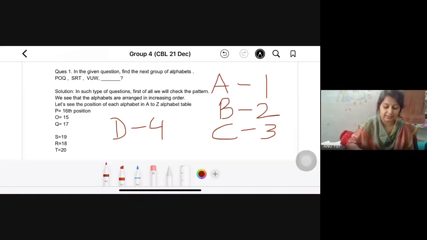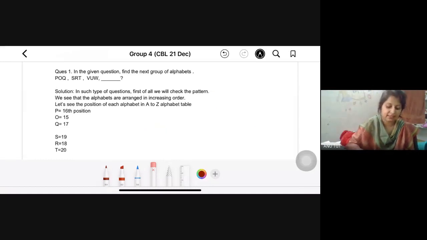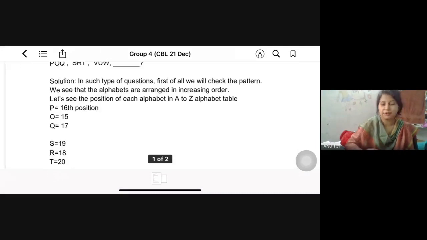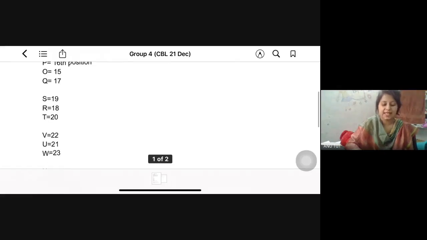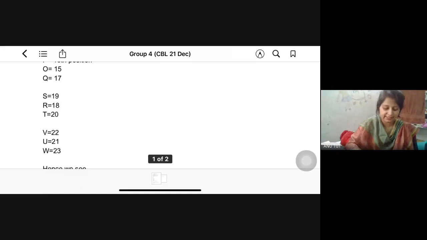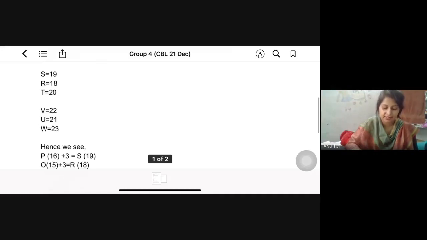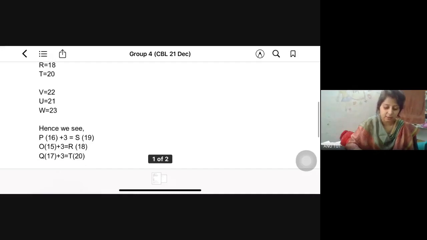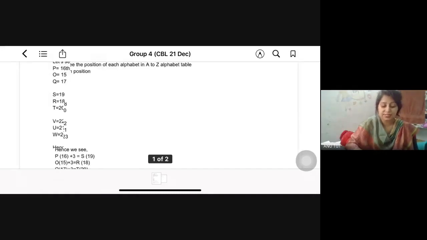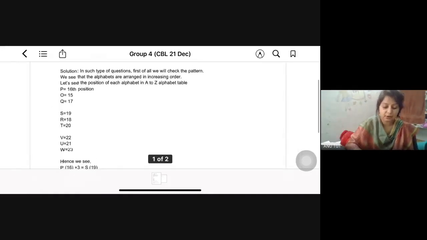If a student learns all the positions of the alphabets, then this question is easy to solve. The position of P is 16th, O is 15th, Q is 17th, S is 19th, R is 18th, T is 20th, V is 22nd, U is 21st, and W is 23rd. Now it is easy for a student to see what is happening in this question.